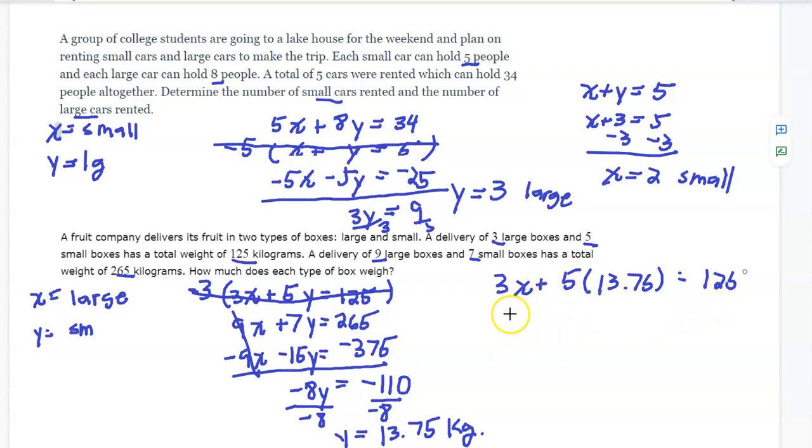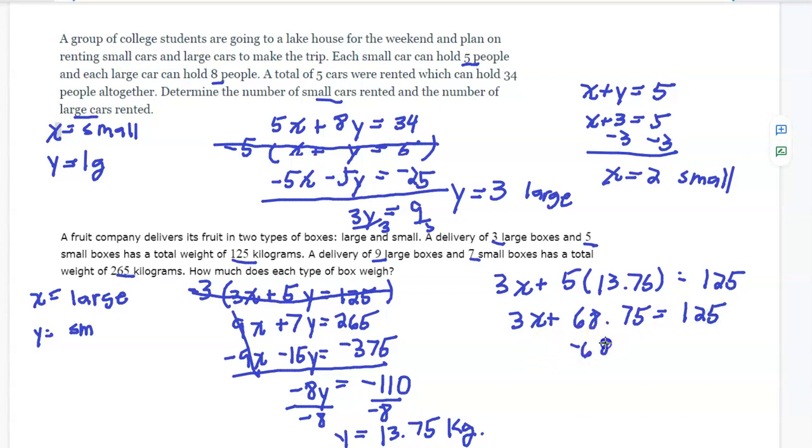Okay, that gives me 3x plus 68.75 equals 125.